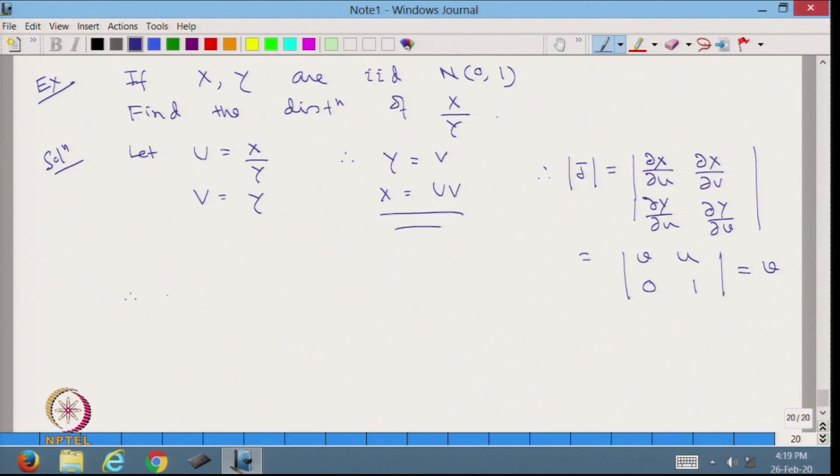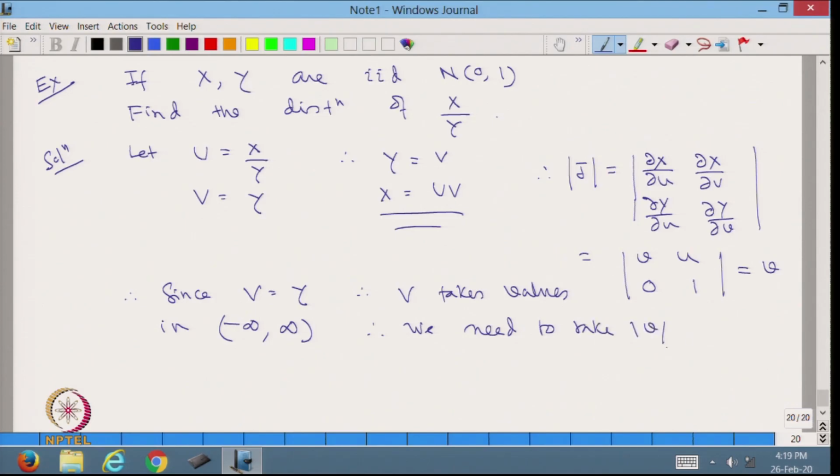Therefore, since v is equal to y, v takes values in minus infinity to infinity. Therefore, we need to take the modulus of v to compute the joint PDF of u and v.